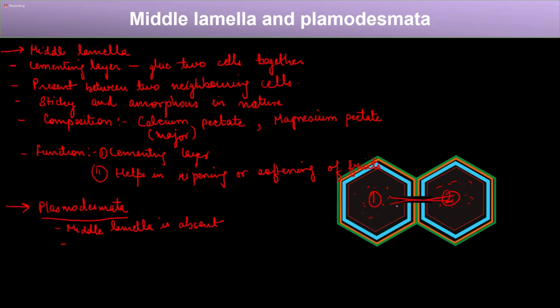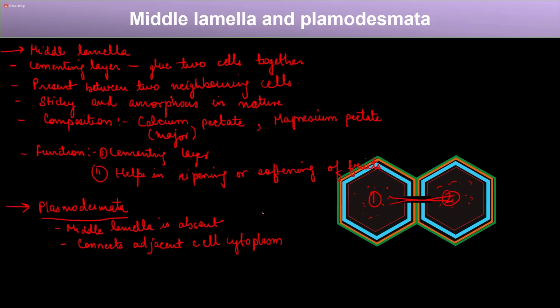So you can write that the plasmodesmata connects adjacent cell cytoplasm.